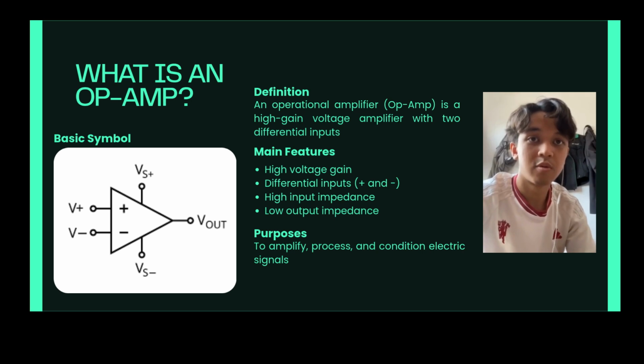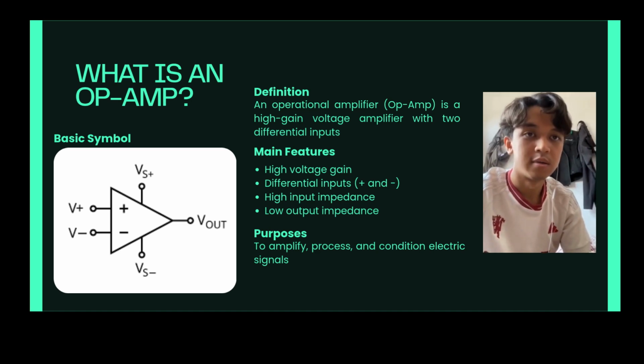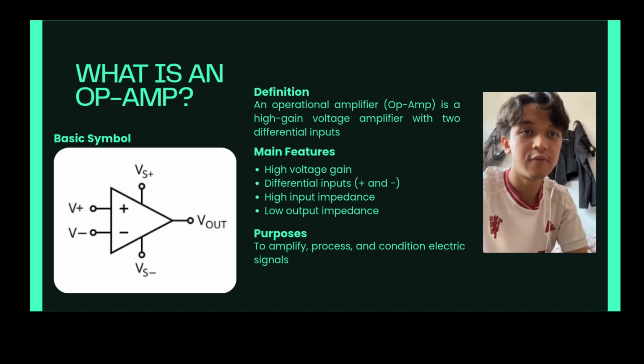So, what is an op-amp? It is a short form of operational amplifier, and we can see its official definition and basic schematic symbol. Simply put, an op-amp is a high gain voltage amplifier that features two differential inputs.